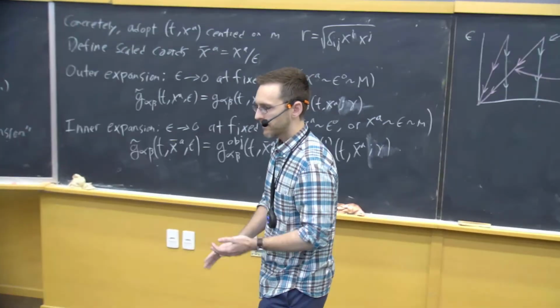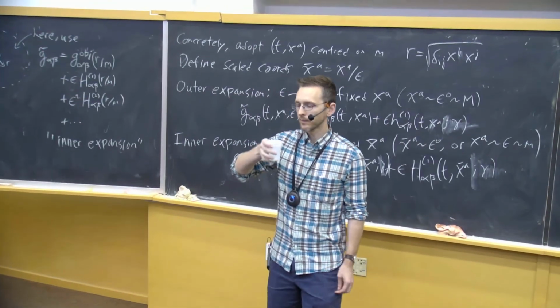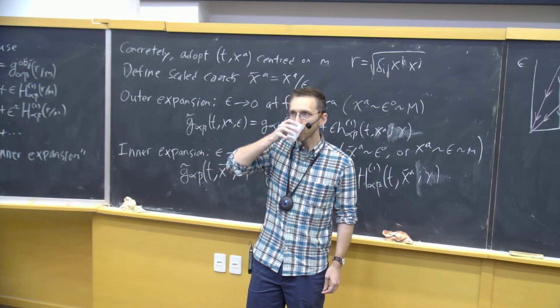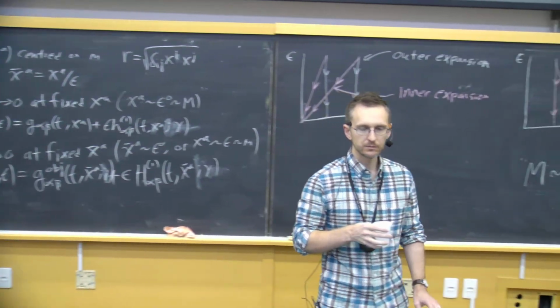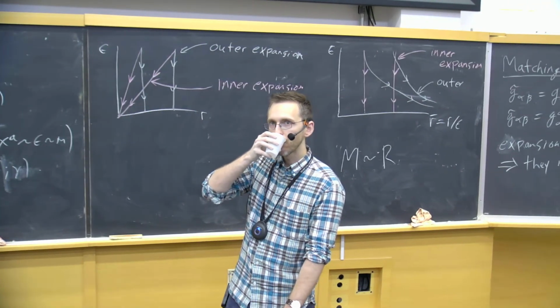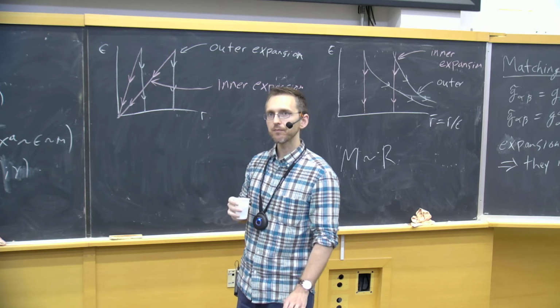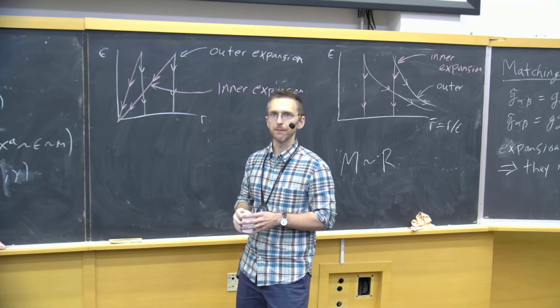We have time for a couple of questions. You mentioned that the coordinates that are centering on small m are somehow pseudo-Cartesian.